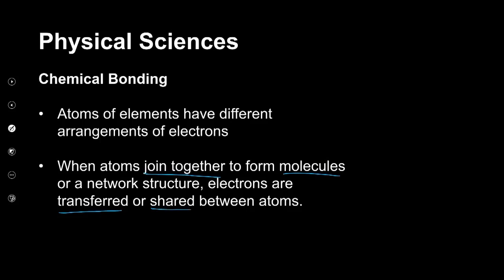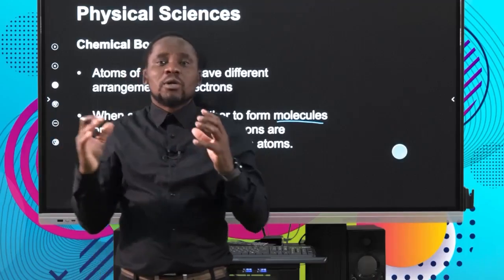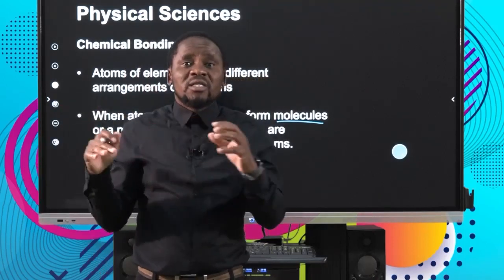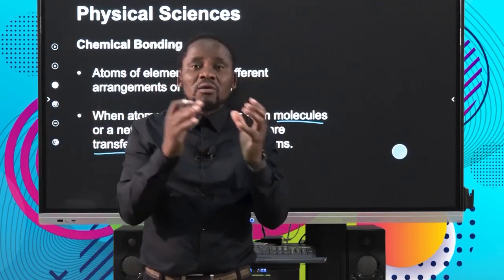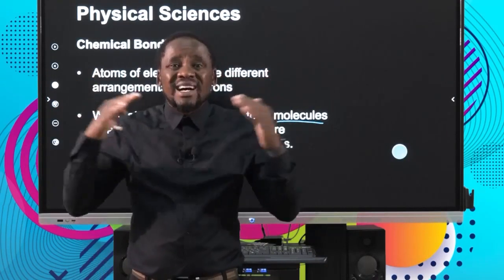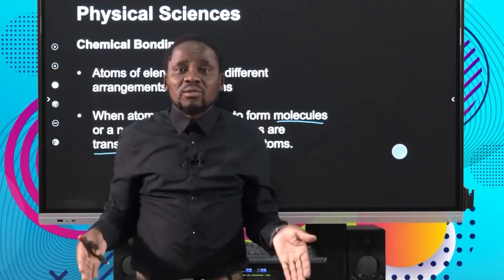So this is very, very important. The transfer of electrons in the formation of formula units during chemical bonding is what ionic bonding is all about. But the prefix co means sharing. So covalent bonding essentially has to do with the sharing of electrons that occur at the highest energy level, the valence electrons, between atoms.